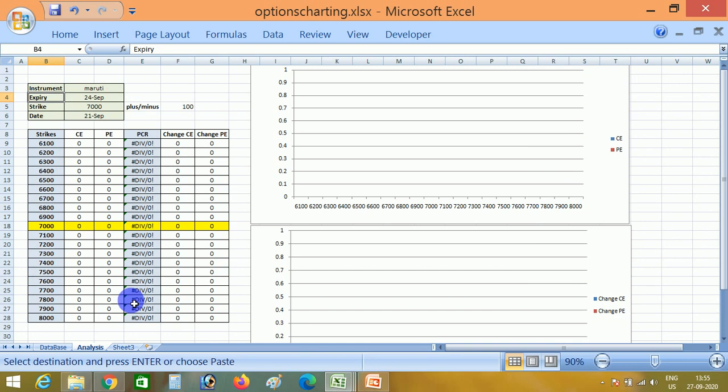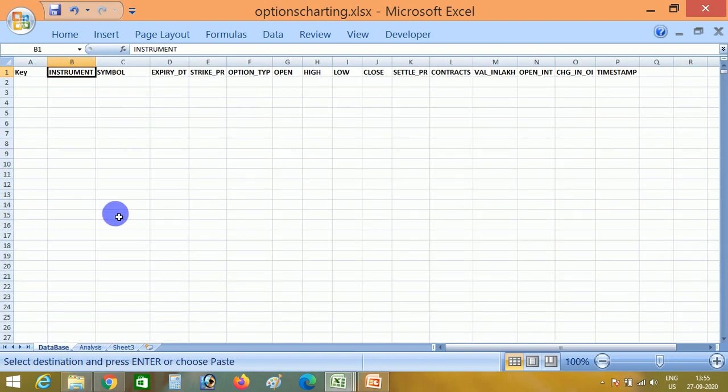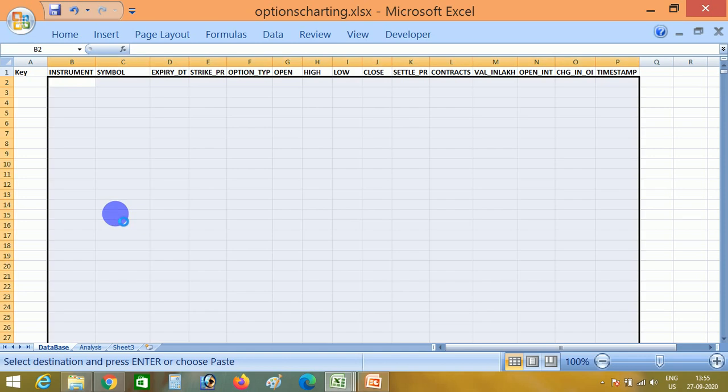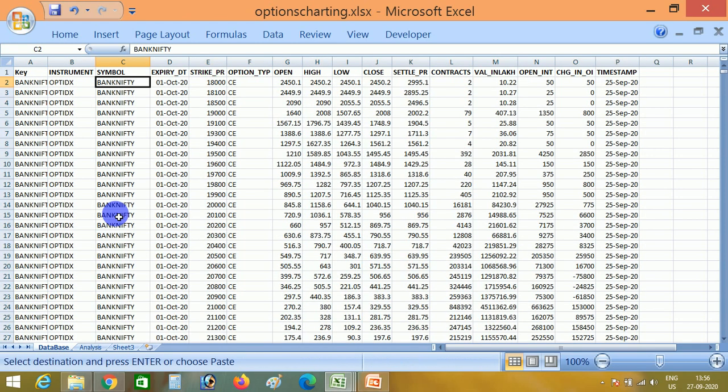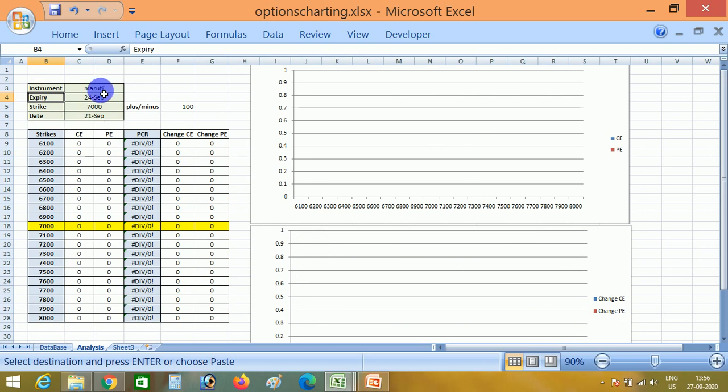We copy this data and come to the database, below the instrument, that is the B2 cell. We copy this data for 25th. Now come to the analysis sheet and write 25th.